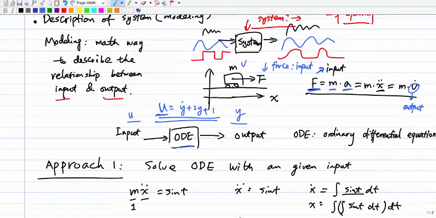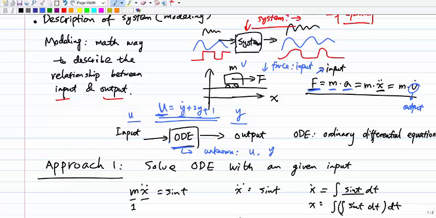So let's say we already have a model of my system given by the ordinary differential equation. The next question is, how do I solve the ordinary differential equation? As I mentioned before, it describes the relationship between the input and output. In other words, the only variables we have in my ODE are the input u and the output y.